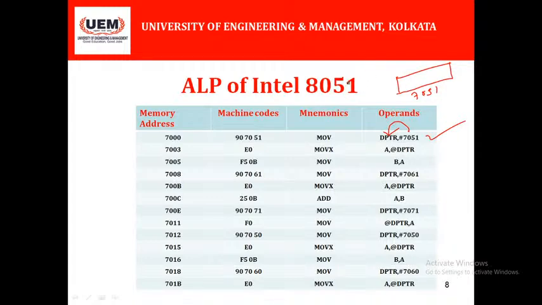So now the data pointer register value is 7051. Now MOVX A comma @DPTR, that means the value at the DPTR address, 7051, will be transmitted to the A register.